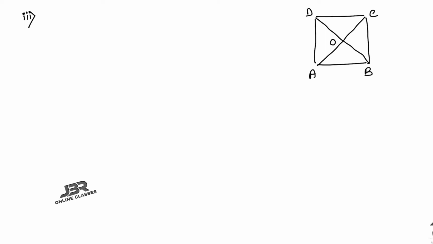So here you have triangle AOB, and here triangle COD, the upper one. Here AO is equal to OC because the two diagonals of the quadrilateral are equal and bisect each other. That means AC is equal to BD, and AC and BD bisect each other.